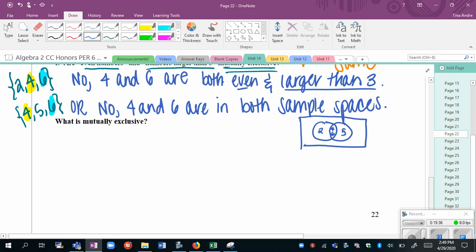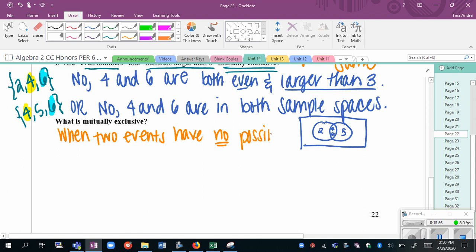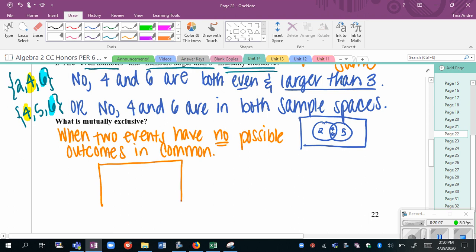So at the bottom, let's write a definition. What is mutually exclusive? So let's go ahead and write a couple things here. So when two events have no possible outcomes in common. So again, let's draw a picture.